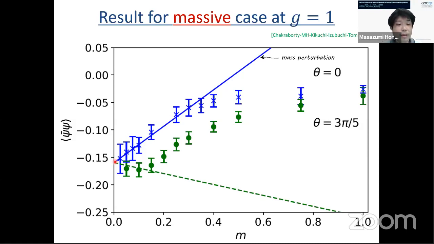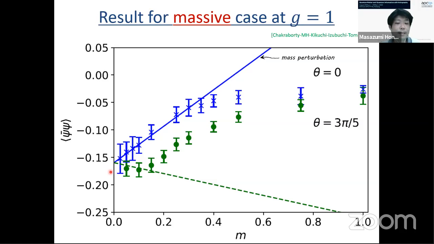When the mass is small, we have agreement with mass perturbation theory, but as we increase the mass, we have a deviation. This can be interpreted as a breakdown of mass perturbation theory.